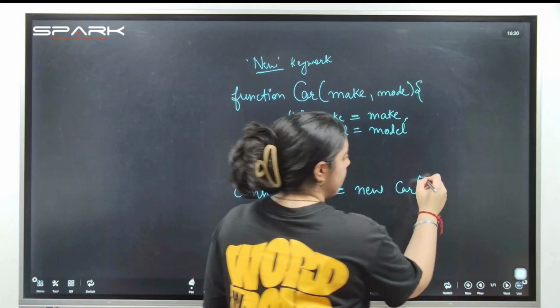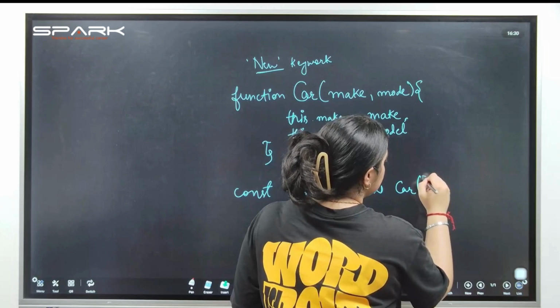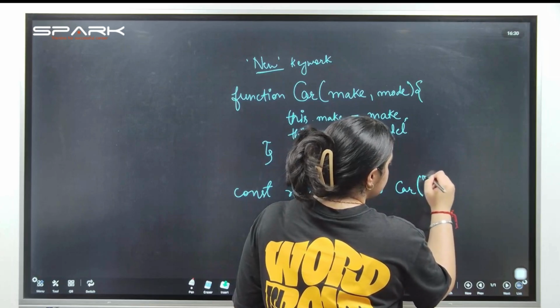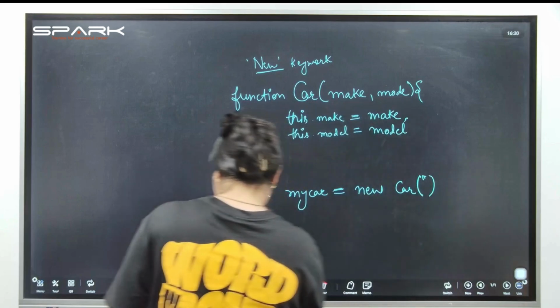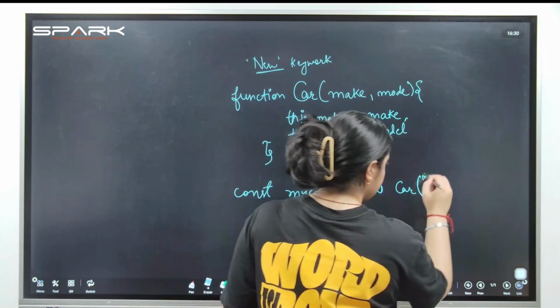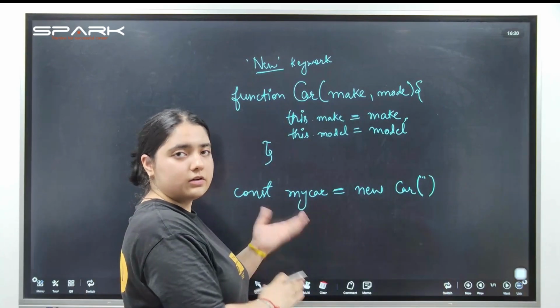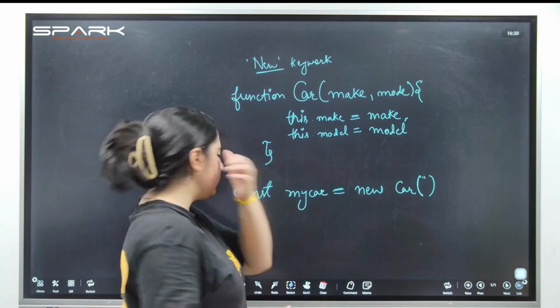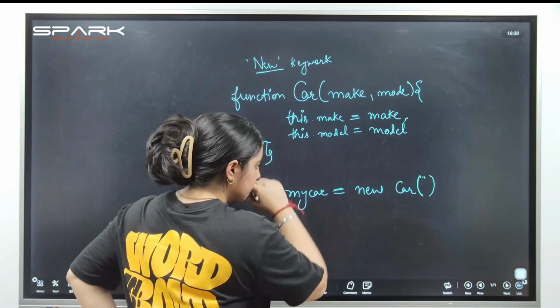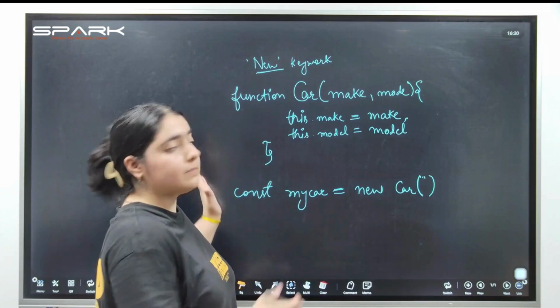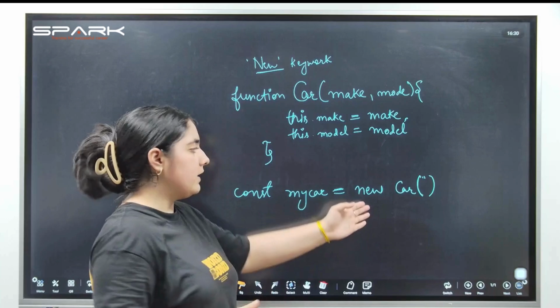So this is how I created an object for my constructor by using the new keyword. This is the basic structure of a constructor and the new keyword.